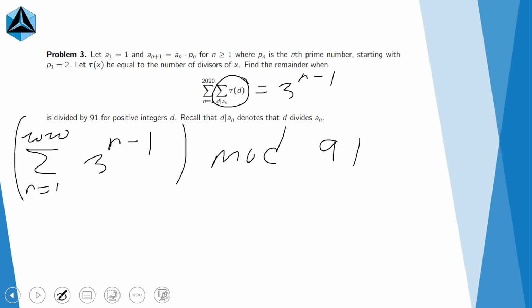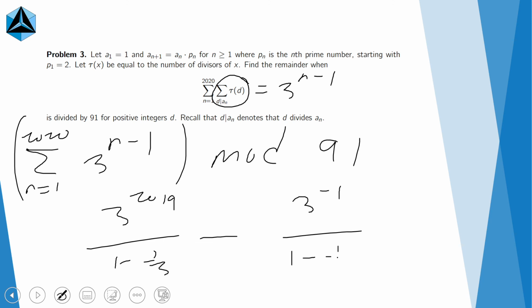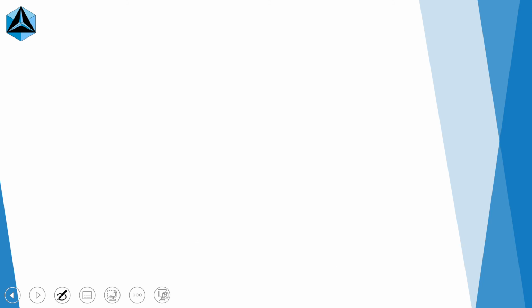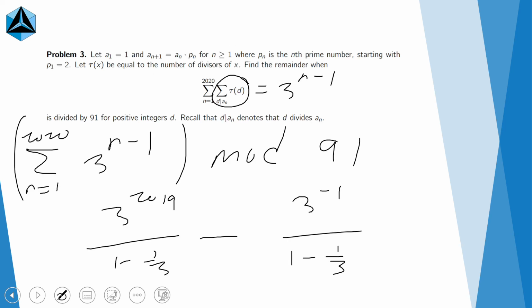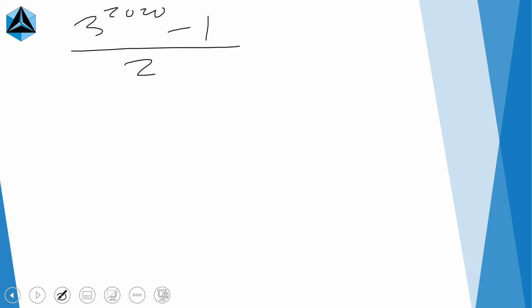Expressing this as a difference of two geometric series, we get 3 to the 2019 over 1 minus 1/3, subtracted by 3 to the negative 1 power divided by 1 minus 1/3. This will be 3 to the 2020 minus 1 over 2. We get this by putting these two fractions together on a common denominator and multiplying by 3 on the top and bottom. So now we just need to take this mod 91.